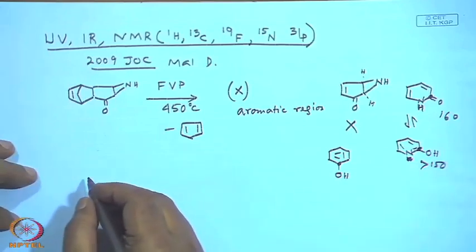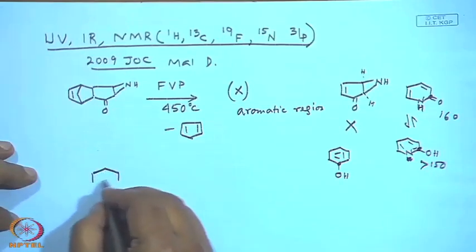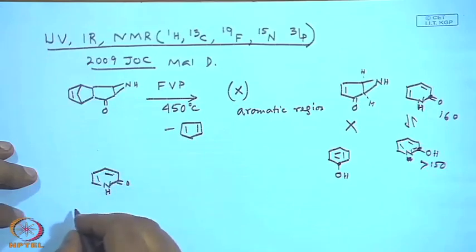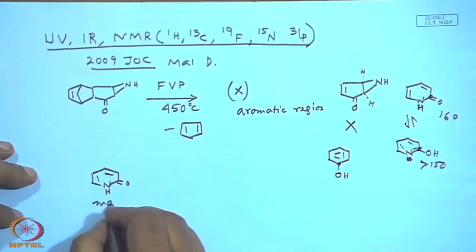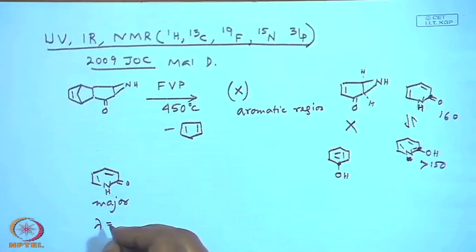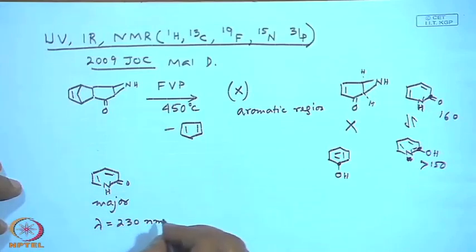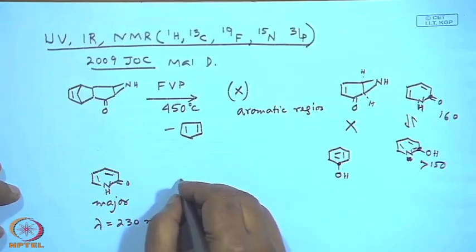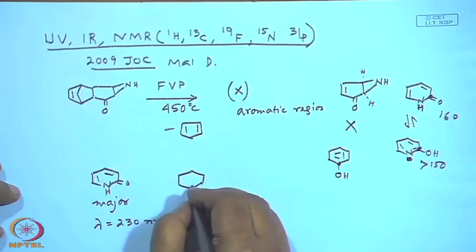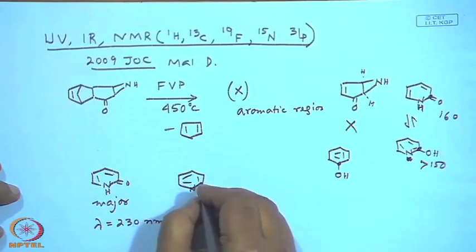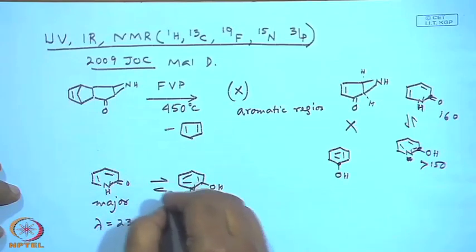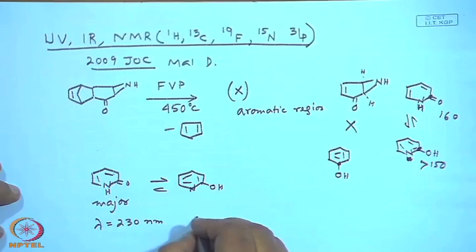The way it was established is a standard protocol available in the literature. This was the major form, and the UV in this case was useful, and the lambda max was 230 nanometer. And the lambda max for the other compound, this one, was 270 nanometer.